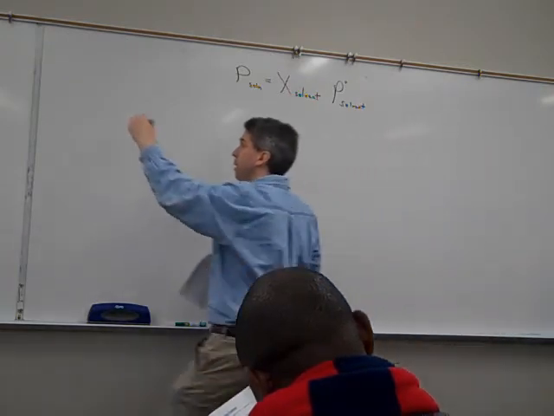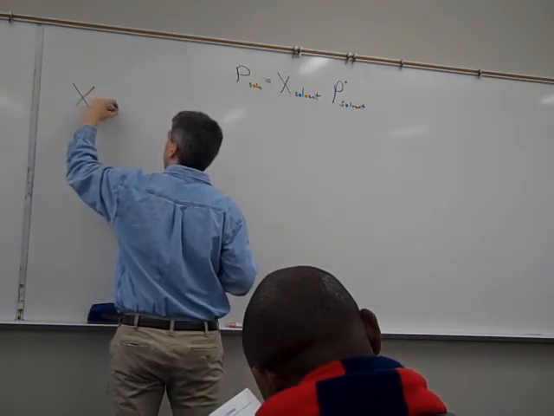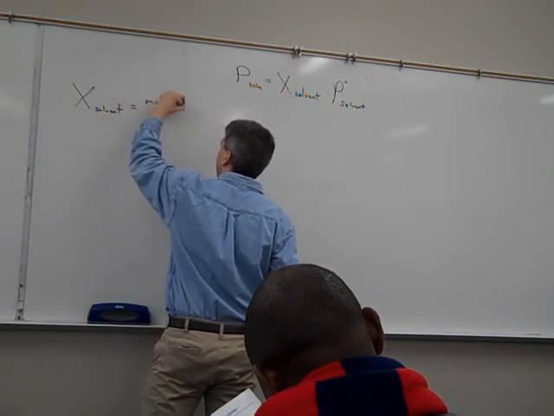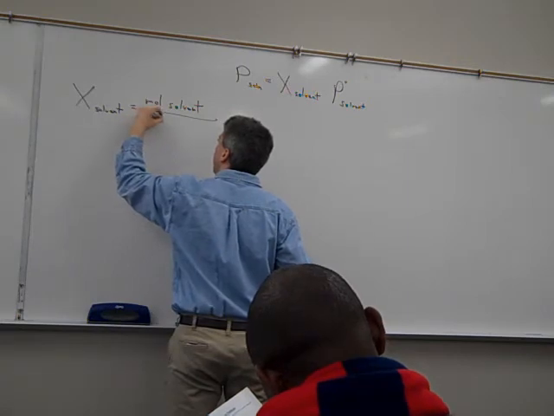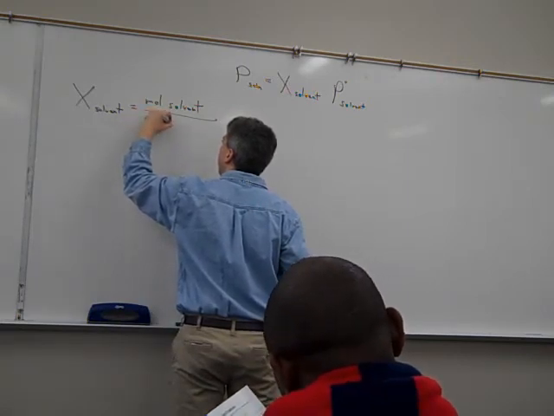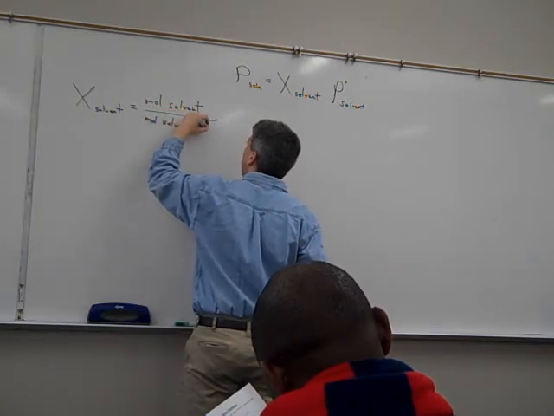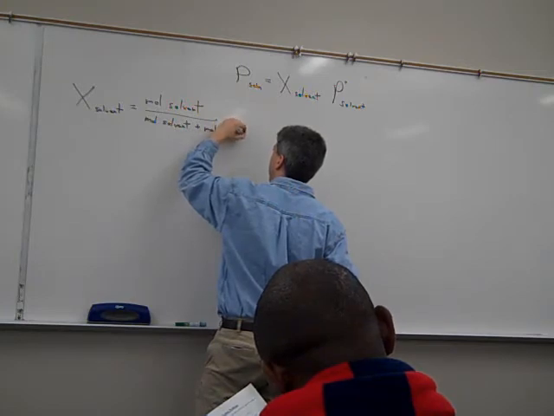The mole fraction of the solvent is equal to the moles of solvent over the moles of solvent plus the moles of solute. In other words, the total moles.